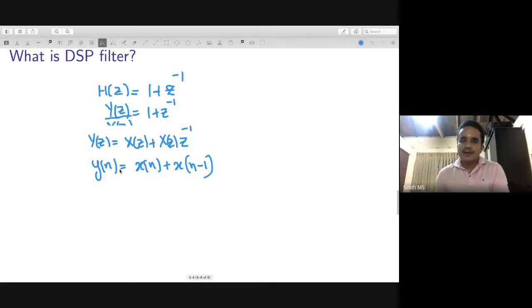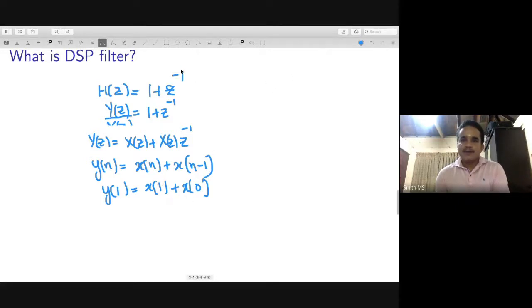If you take y[1], it is x[1] plus x[0]. You take two samples of x, the zeroth and the first, and add them together, and then you get the present sample of y, that is the output.